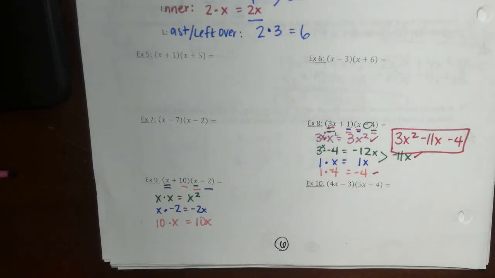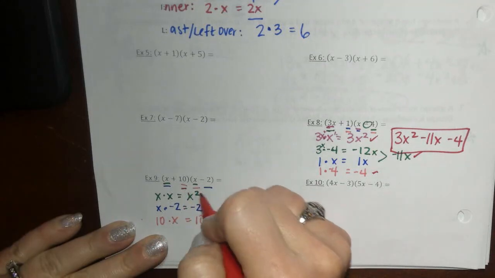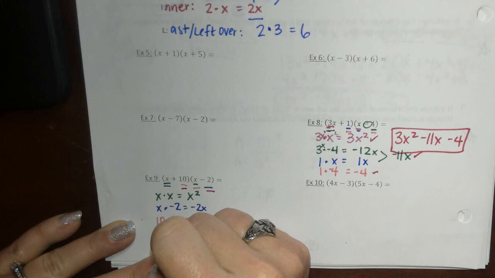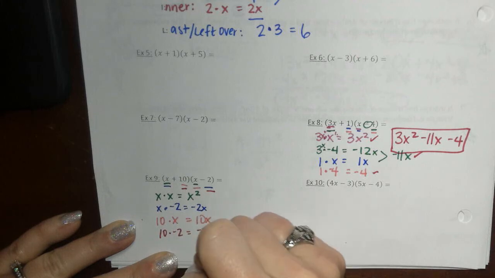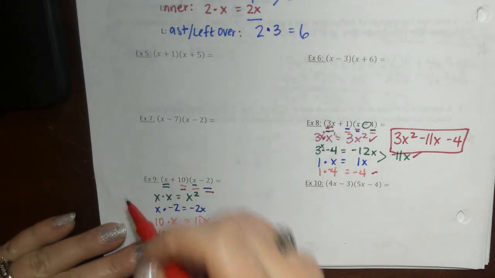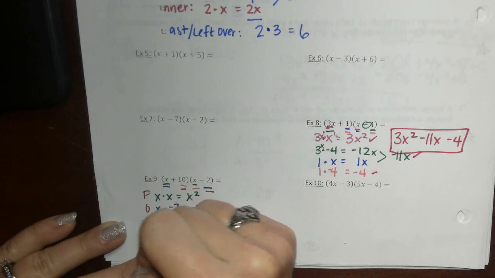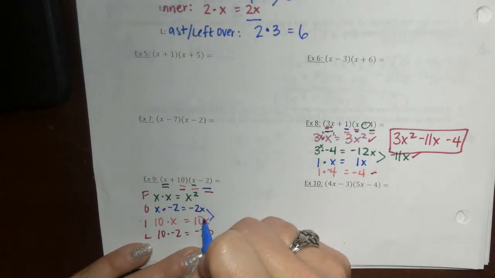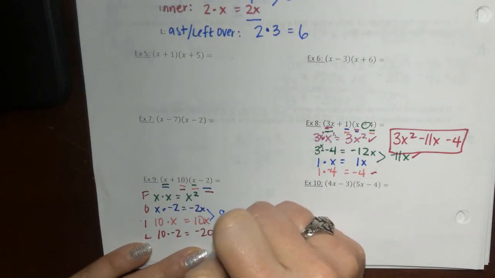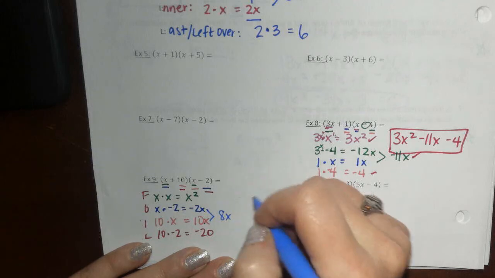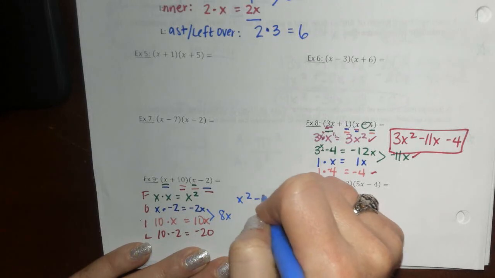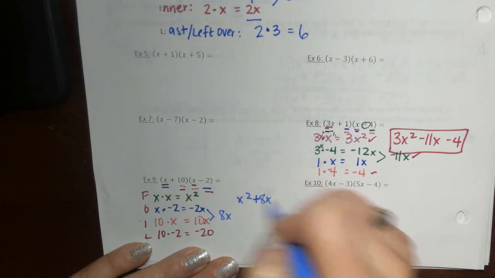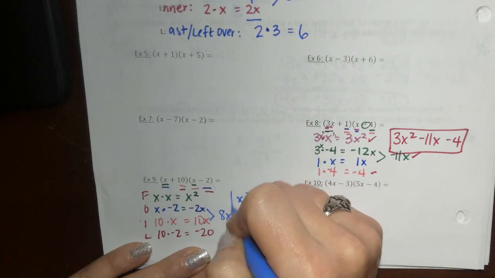And then, last, 10 and negative 2. The last terms. So again, this is FOIL. Now, we're going to combine our x terms. Those are like terms. 10x plus negative 2x gives us an 8x. And we can put our answer. X squared plus 8x, because that's positive, minus 20.